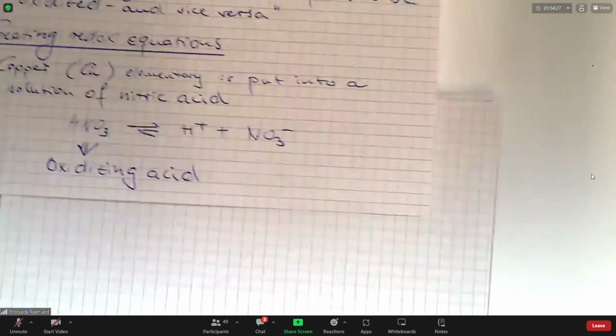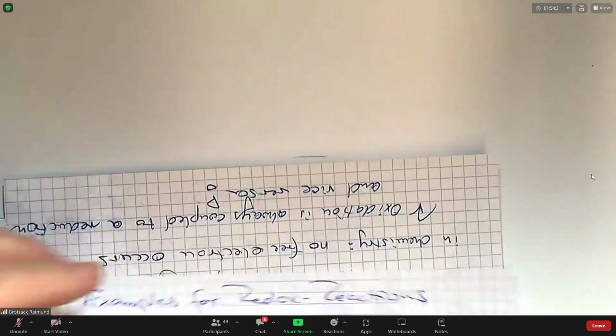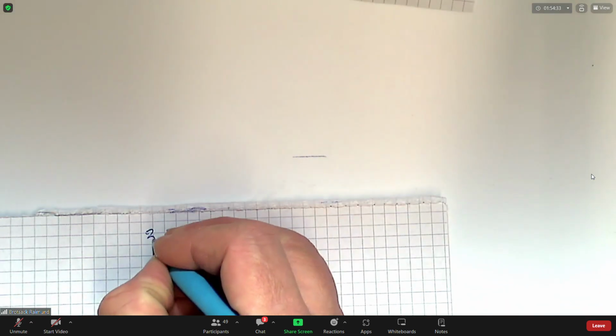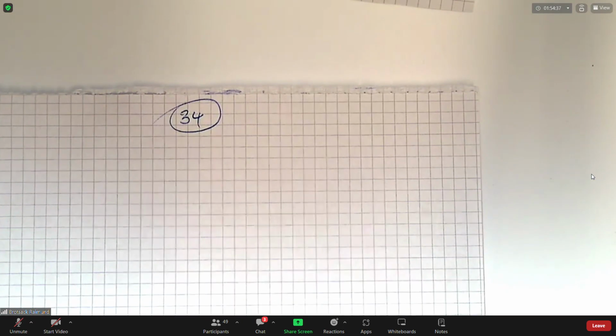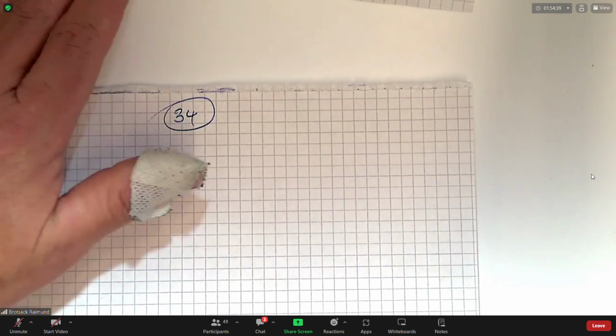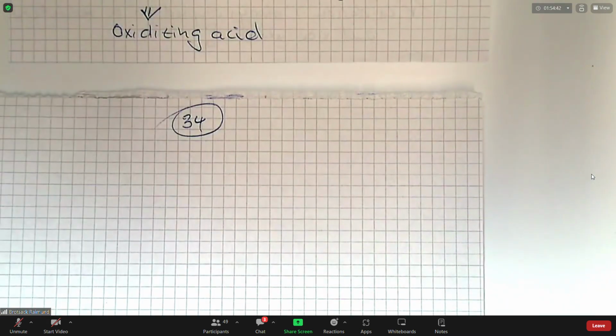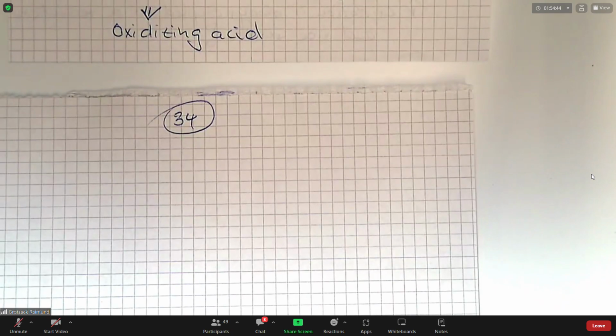So now in our example, we have the copper. What will be oxidized when we have copper elementary in HNO3? The copper. When we look it up in the periodic table, always that is the main tool.